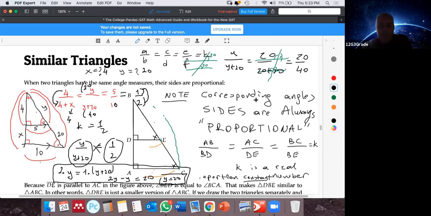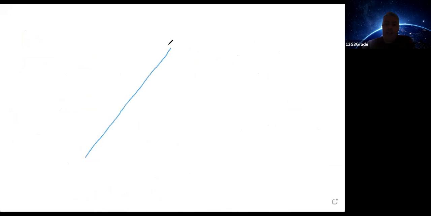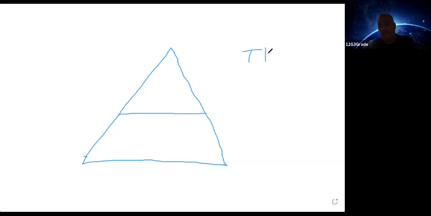So to sum up, let me explain here. This is, by the way, called Thales theorem, but the name is not important for you. When two things are parallel to each other, I can say directly this angle equals this angle, this angle equals this angle, and this is the common angle for the small triangle and the big triangle.